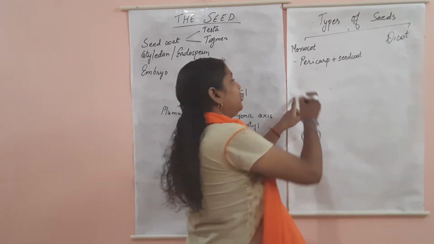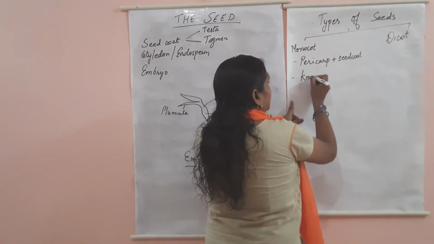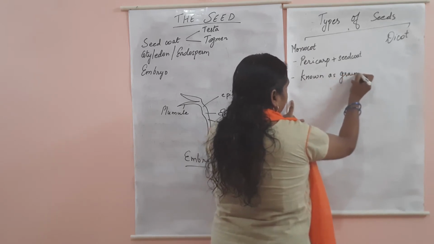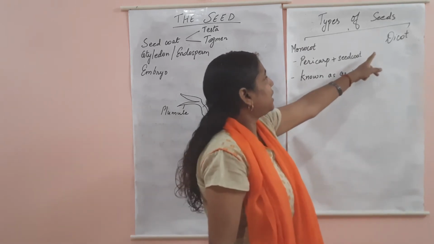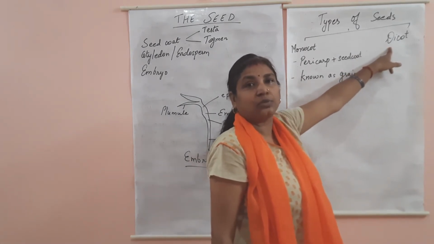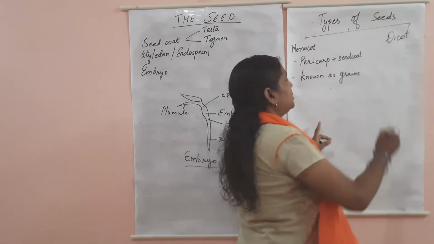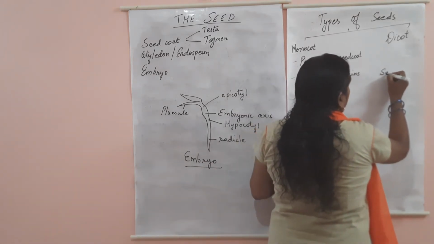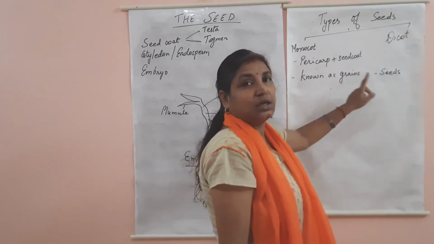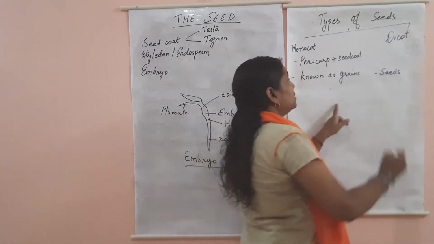So they are often known as grains rather than seeds. Whereas in dicot seeds, your seed coat is separate from the cotyledon and hence they are known as seeds. They are not known as grains, but dicot seeds are known as seeds.